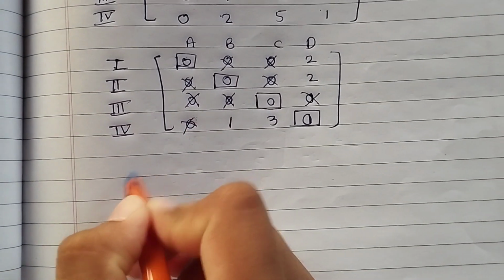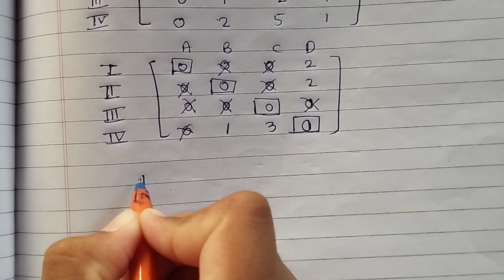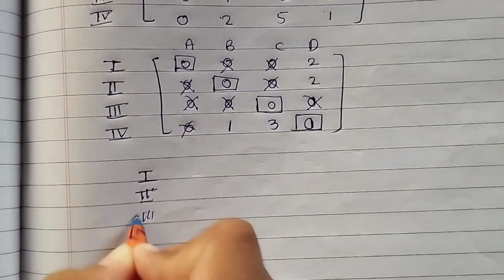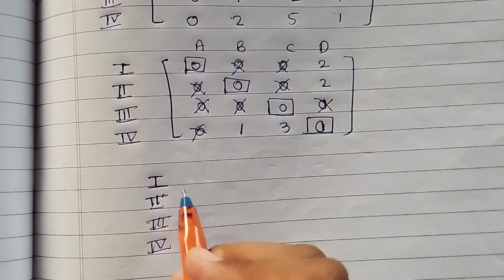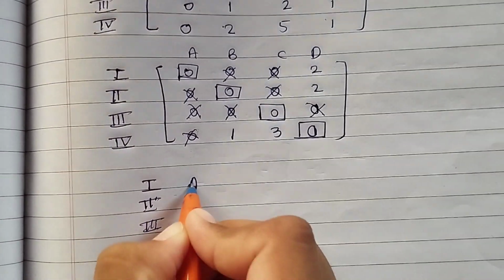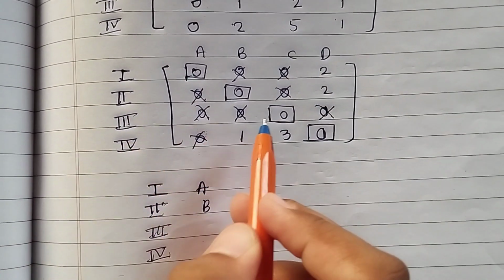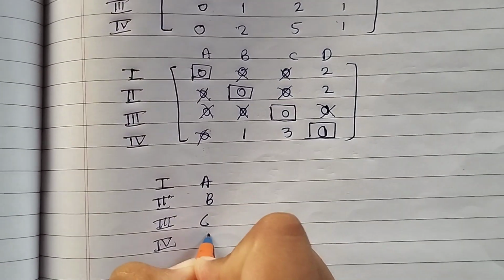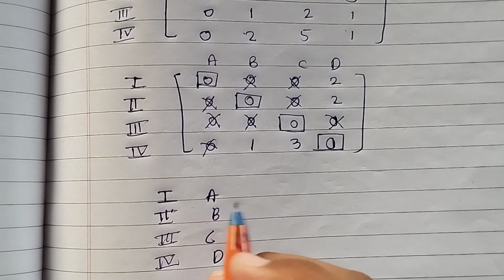So how do we assign for the respective task and the days? So first, second, third and fourth, these are the tasks, and for each task we assign the days. For the first task we assign A, for the second task we assign B, for the third task we assign C, and for the fourth task we assign D. So what is the cost of I and A?